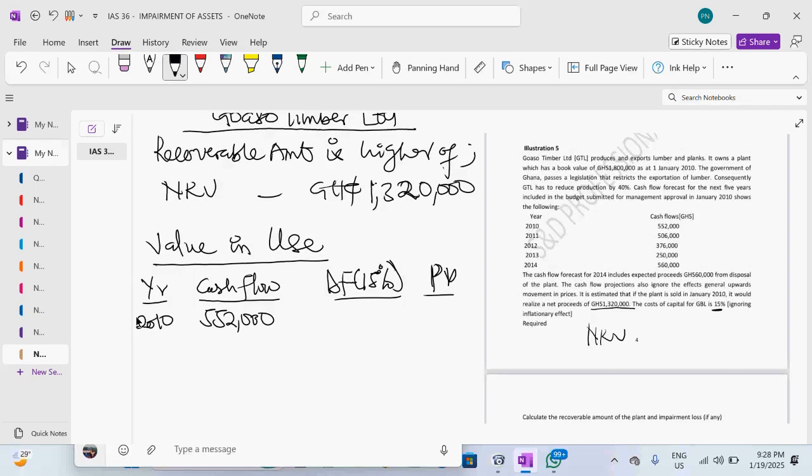So what is the discount rate on that? 15%. Usually leave your answer in 3 decimal places, since you'll be using it in the computation. All right, so give me the discount factor in 3 decimal places.